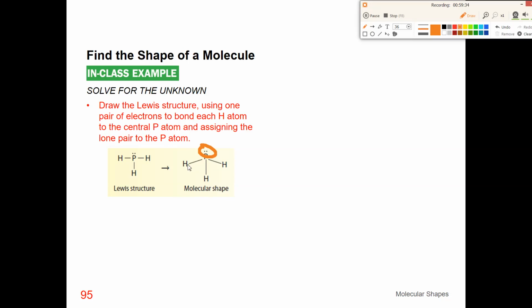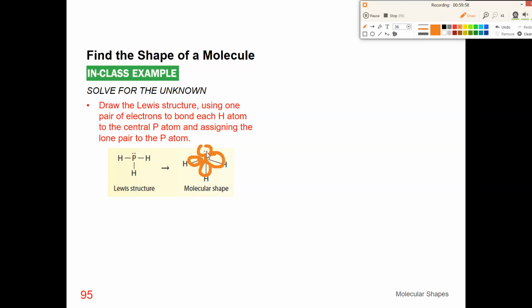So the molecular shape is going to be something like that. This is kind of derived from tetrahedral. If you have 4 pairs of electrons, it's tetrahedral.